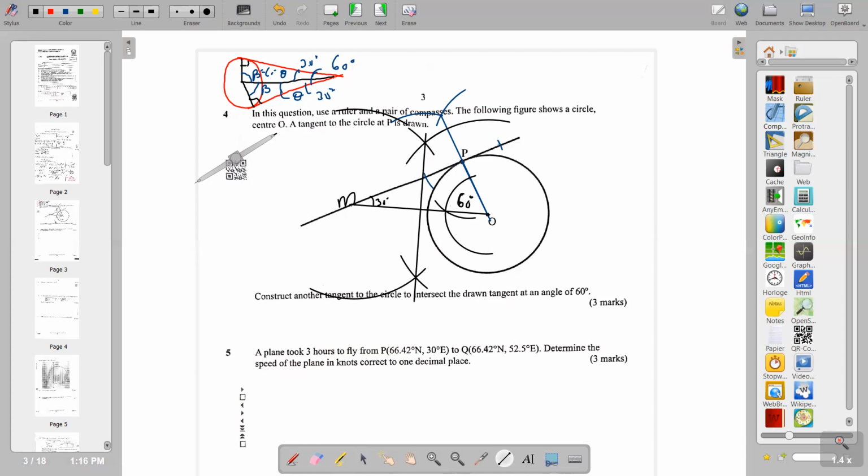Then take your compass. Come here. The compass must be the same length as from this point of intersection to O. Must be the same length. And then put an arc.